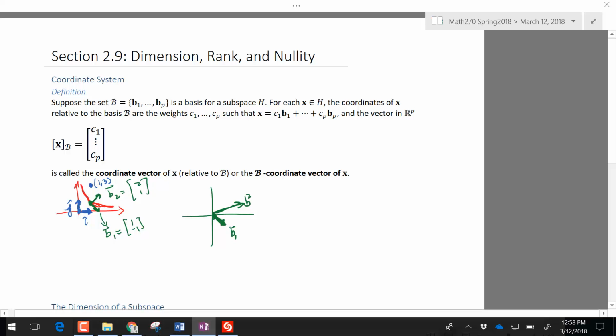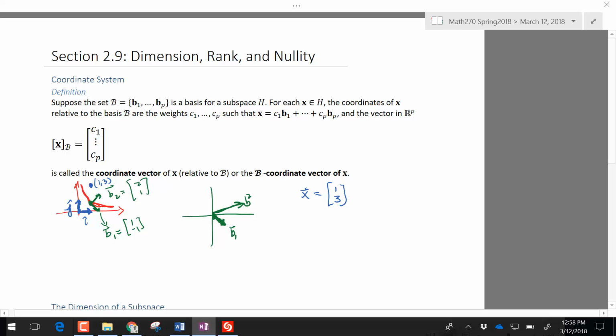What this notation is saying is that your x point, or vector, is the vector 1, 3, and that's how we would denote our x vector.